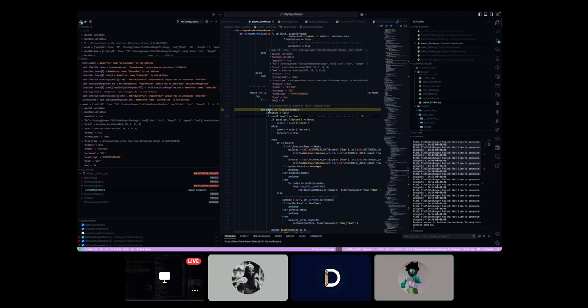So, for example, if the bot sees that there's a resistance, it will say, I am 70% confident that this is a resistant market, basically going in a horizontal line. If the bot sees a trend, it will say, I am 80% confident that this is a trend.